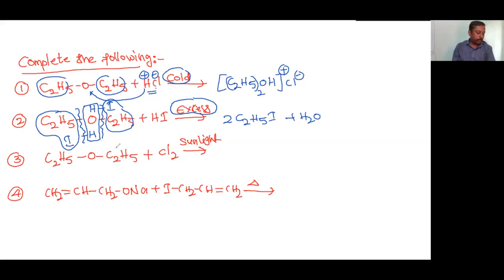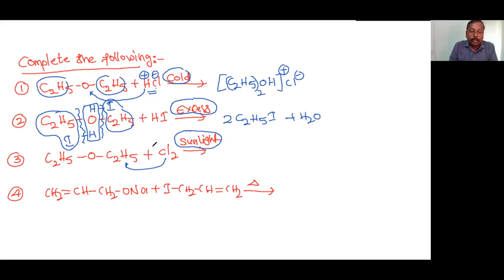Okay. Then you are treating with chlorine. In sunlight, there are two types of light in the board exam: sunlight and diffused light. In diffused light or dark, only one chlorine will participate at one time. If chlorine is there on the arrow and you find sunlight, that means all hydrogens must be replaced by chlorine.